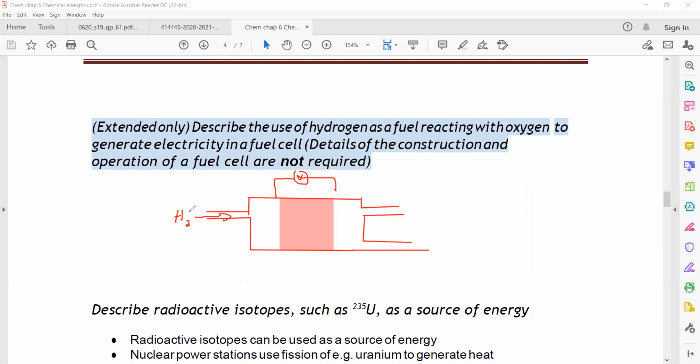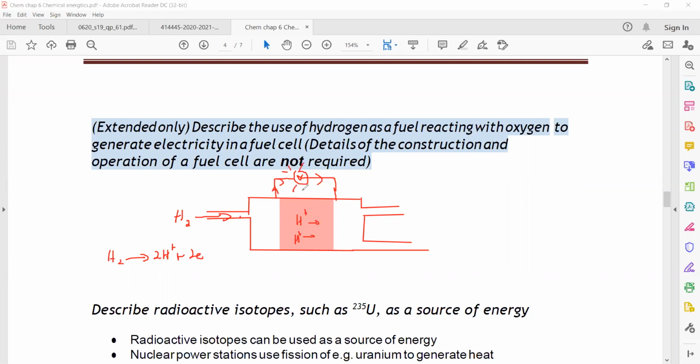So when hydrogen enters the fuel cell, this membrane causes a hydrogen molecule to break into hydrogen ions by loss of two electrons. Electrons cannot travel through this membrane, only protons can. So the hydrogen molecule dissociates into hydrogen ions, and the electrons travel in the external circuit.